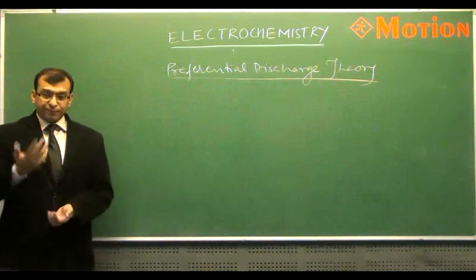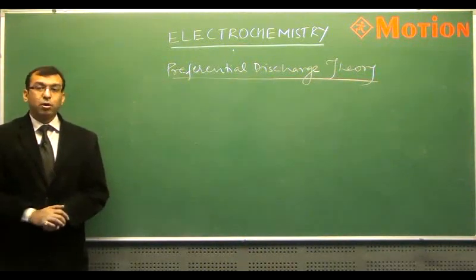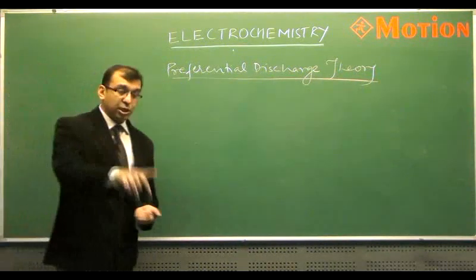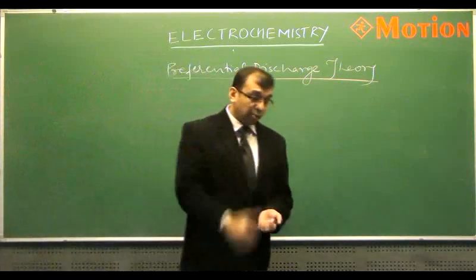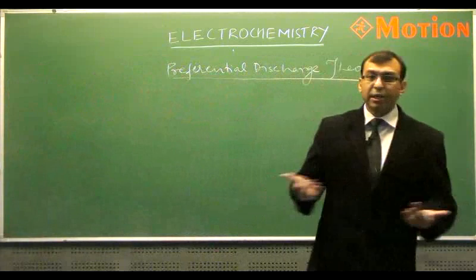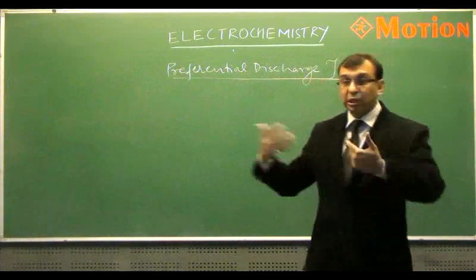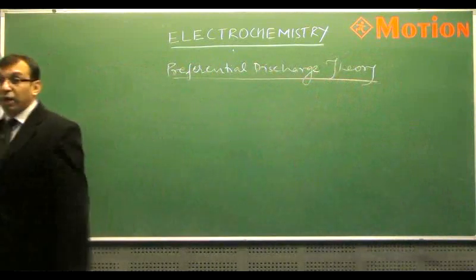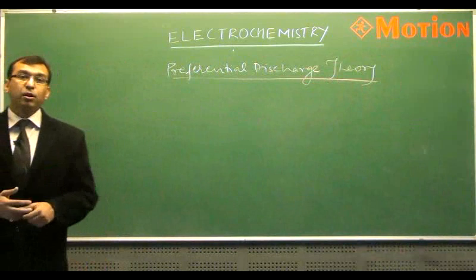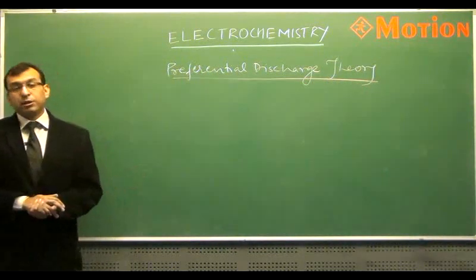It says that if there is one seat and there are two competitors, obviously the one having more tendency for that seat, more deserving, will get that seat. That's simple. So if there are two candidates ready to release the electron, the one with more tendency to release electron, the one having higher oxidation potential, will be oxidized first, while the other has to wait for its turn.